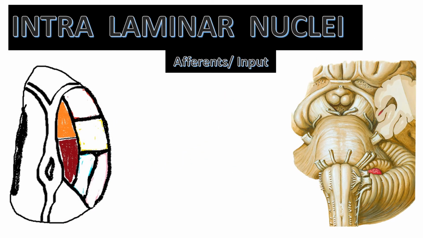Then coming to the intralaminar nucleus. The intralaminar nuclei are present in the internal medullary lamina, and the most prominent intralaminar nuclei are the centromedian and the parafascicular nucleus. So let us see the centromedian first. The centromedian nucleus receives inputs, or afferents, one from the reticular formation of the brainstem, and also from the other thalamic nuclei.